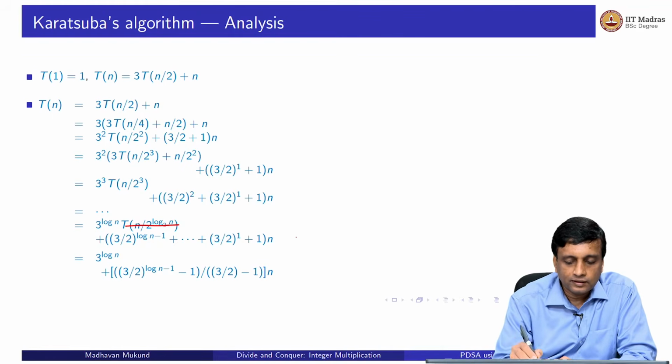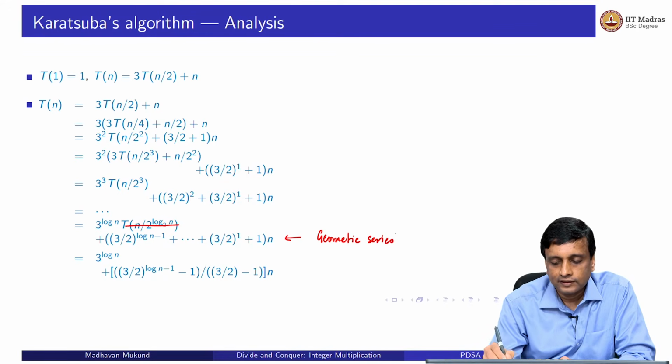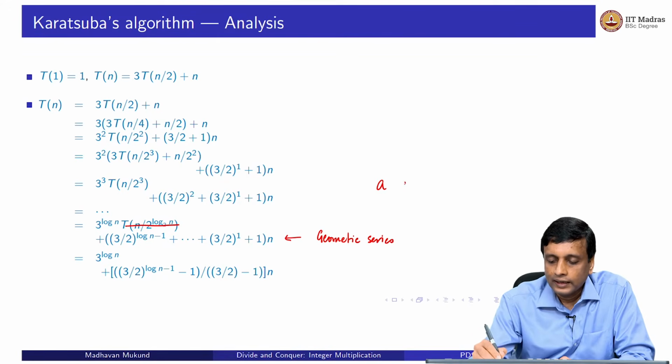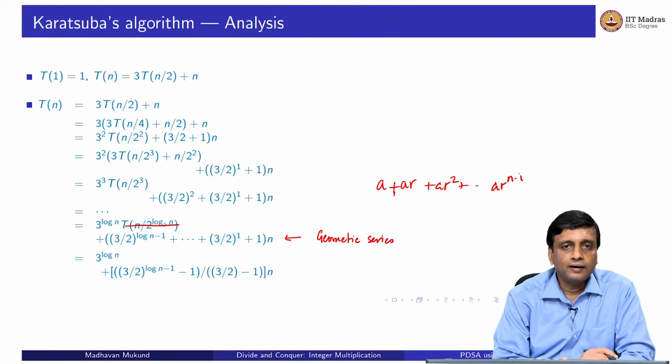Now, this is a geometric series. So, form a plus ar squared plus, where each term is multiplied by a constant factor r with respect to the previous one.